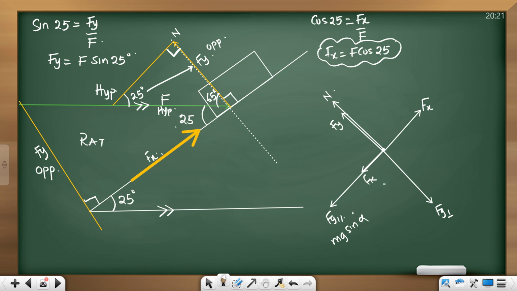This is mg sine alpha, which is 25. Mg cos alpha. Are we all on the same page? F cos 25 and F sine 25. The examiner is really testing your math here. All right, thumbs up, thumbs down. Let's see.